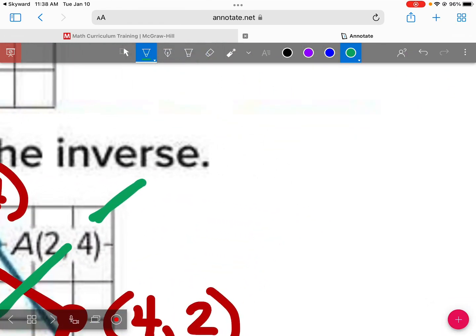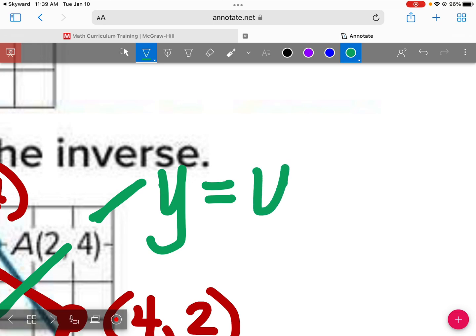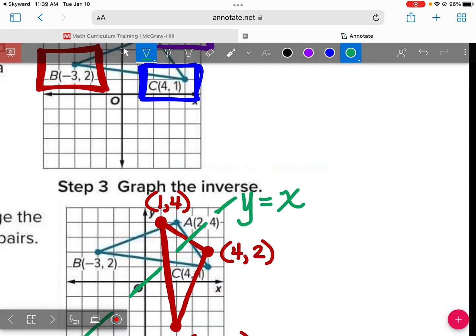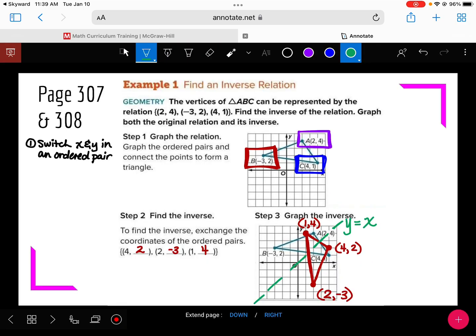This line right here in slope-intercept form is y equals, it has a slope of 1, rise 1, run 1, rise 1, run 1, and it has a y-intercept of 0. So this is y equals x. That green dashed line that I drew is the line y equals x.